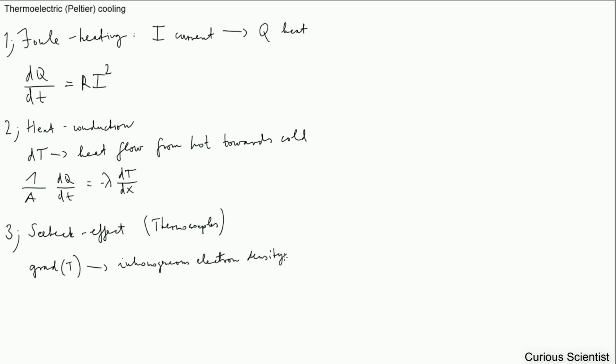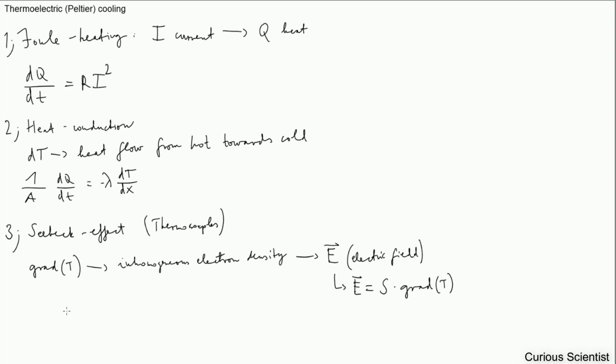Inhomogeneous electron density in the material will induce an electric field E. This electric field is proportional to the temperature gradient, and this proportion can be expressed like this: the electric field is equivalent to the Seebeck coefficient times the gradient of the temperature. So this is basically the equation.